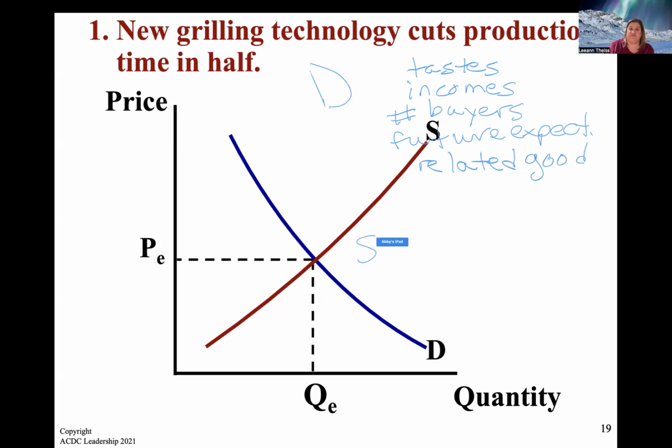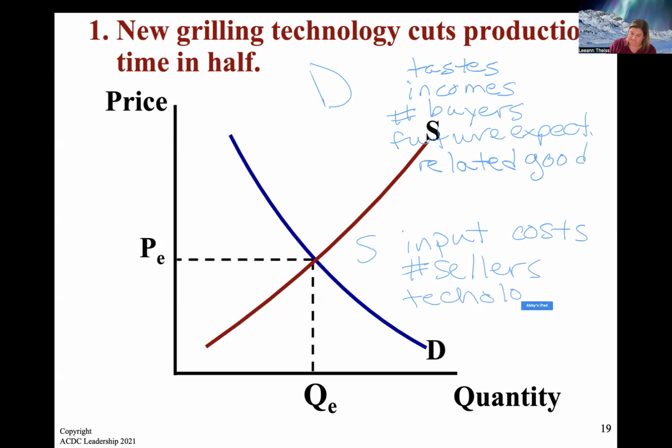And then your shifters for supply. I literally just watched a video for that like 10 minutes ago, so hopefully you can remember. But we've got input costs. We've got number of sellers. We have technology. Again, future expectations of price.